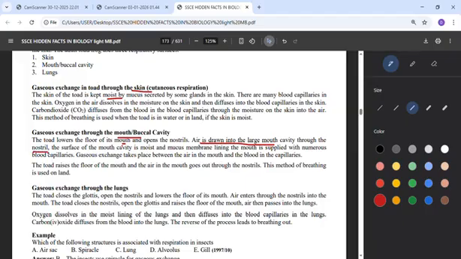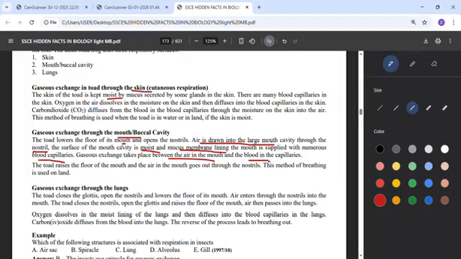Now the surface of the mouth cavity is moist with a mucous membrane lining. The mouth is supplied with numerous blood capillaries, so gaseous exchange will take place between the air in the mouth and the blood in the capillaries. So it means there is a connection between the mouth and the capillaries.